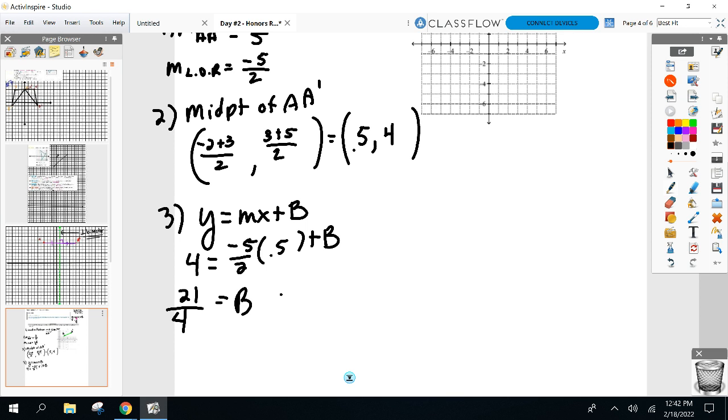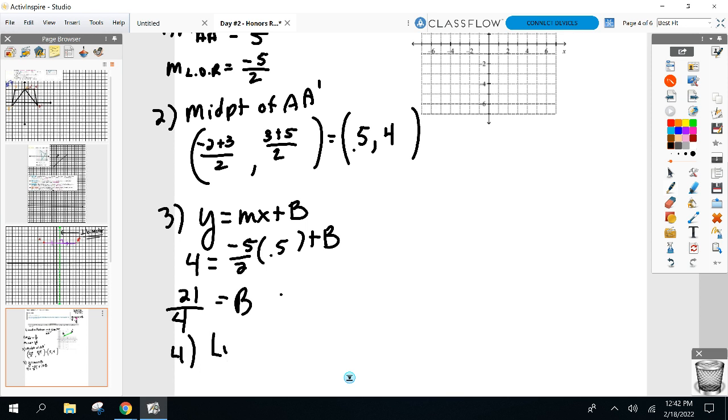Or if anybody got 5 1/4, it's the same thing, if your calculator gave you 5 1/4. You add this number, -5 over 2 times 0.5, you add it over. 4 plus that, 21 over 4.